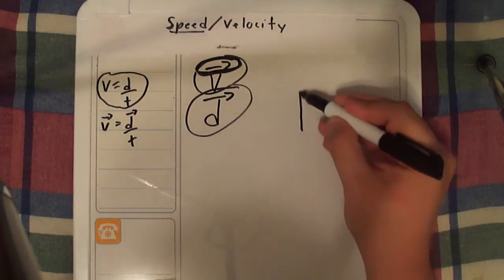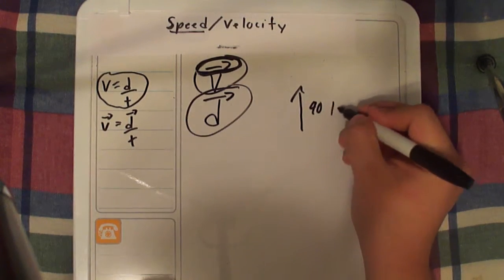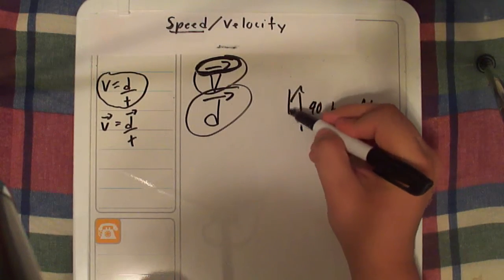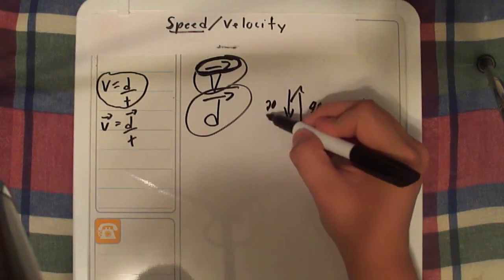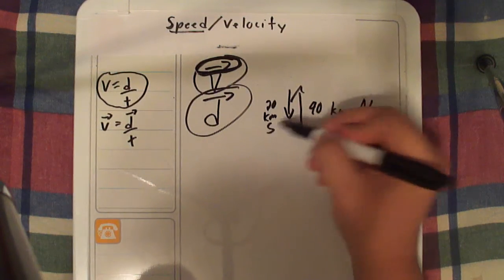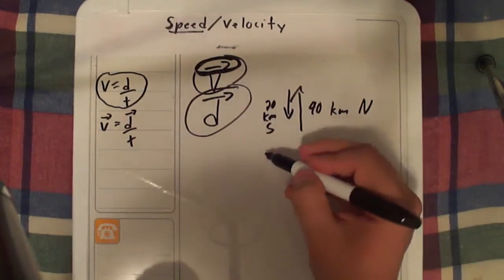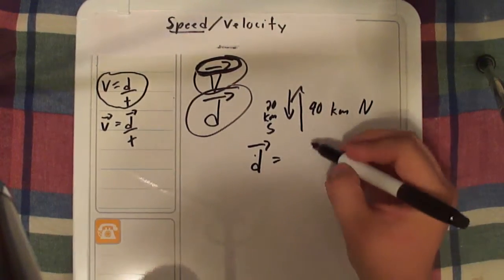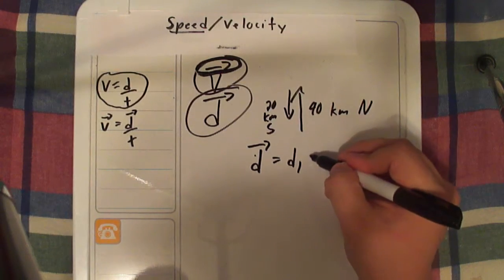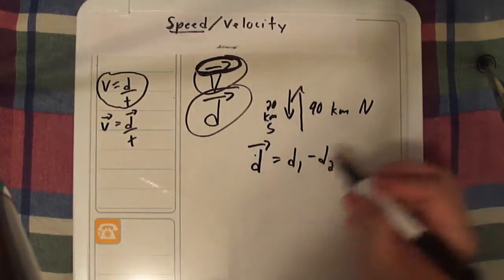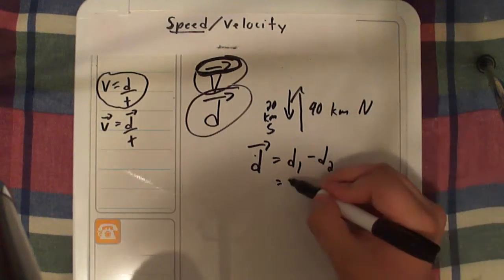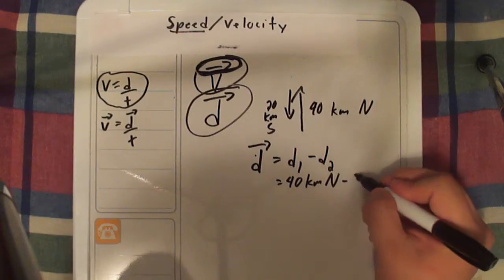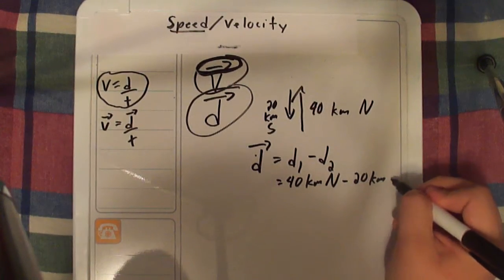Because if you go 40 kilometers north, but then you backtrack 20 kilometers south, then your total displacement equals distance 1 minus distance 2, which is 40 kilometers north minus 20 kilometers.